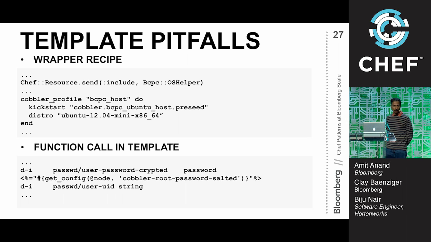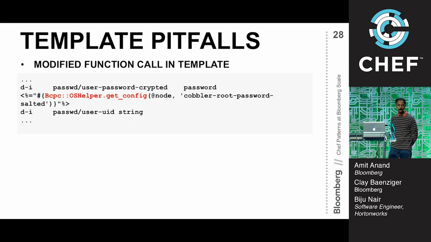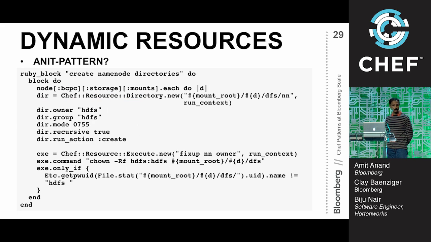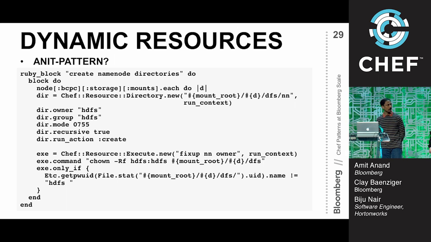It blew up. So the lesson learned is when you are using any config library, the function libraries, you may want to fully qualify it so that you don't get in the same situation. This issue was found by using the Cobbler cookbook written by Clay, and I would pass it on to him to talk about some of the pain he had gone through.